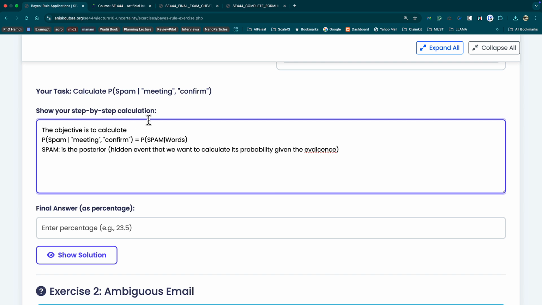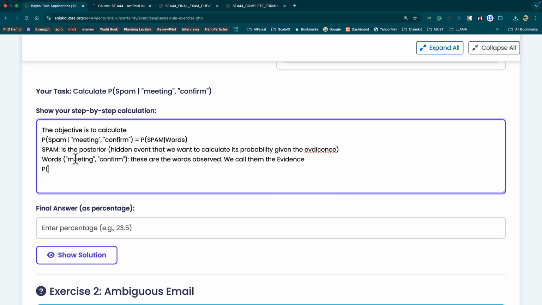Okay, now we have also the words. In our case, they are meeting and confirm. These are the words observed, and we call them the evidence.